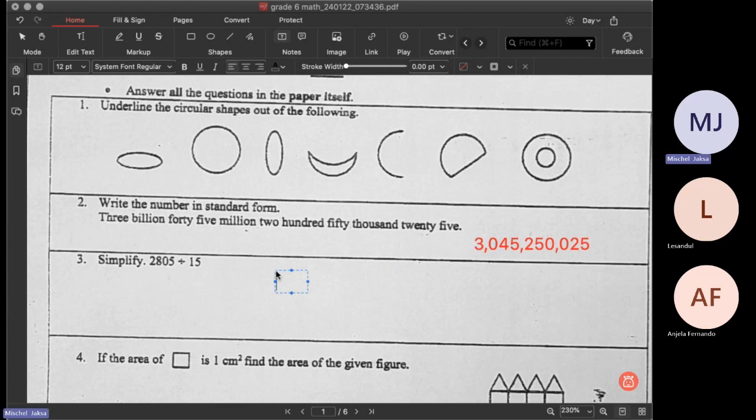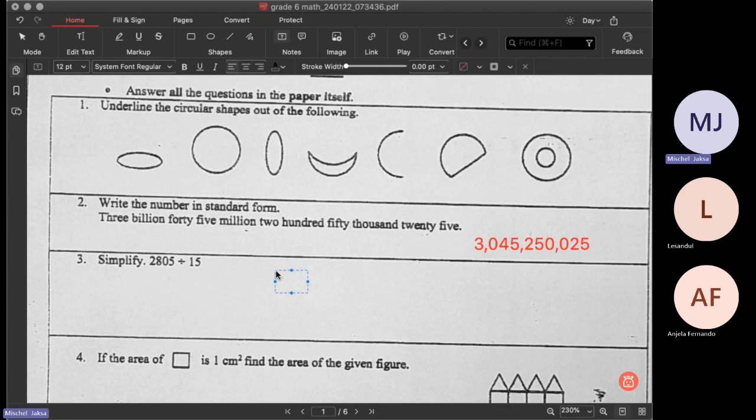Angela, is it correct for you? Yes, miss. What about Lesandu? Lesandu, is your answer correct? Okay, well done. Let's move to the next one.